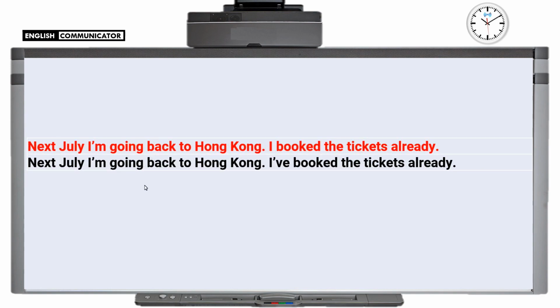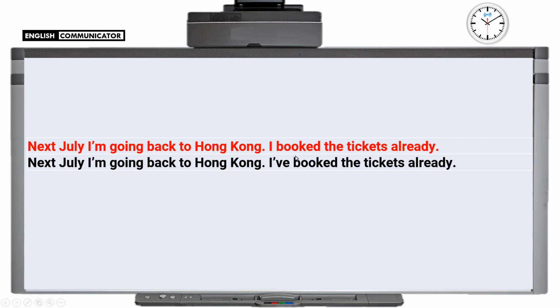Next July, I am going back to Hong Kong. I booked the tickets already. Well, the first part of the sentence is absolutely right, but the second part should be I have booked the tickets already. So, I booked, no, wrong. You can't use the simple past here. You say I have booked the tickets already.